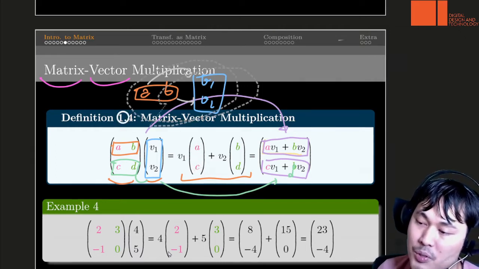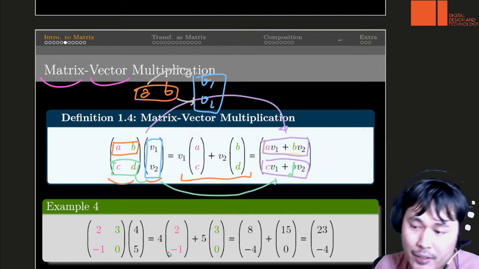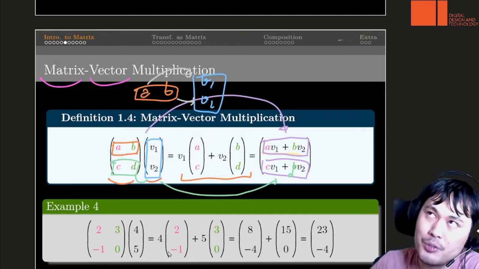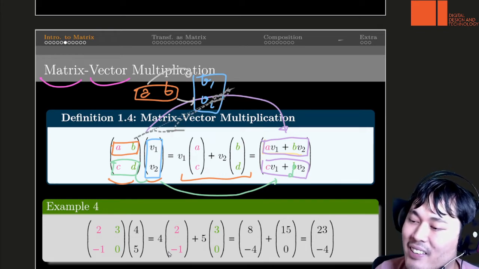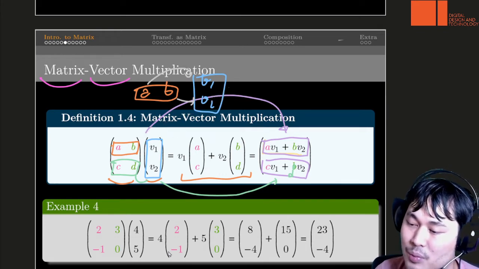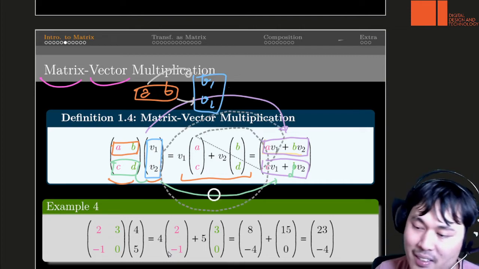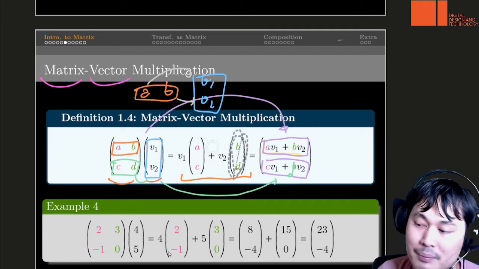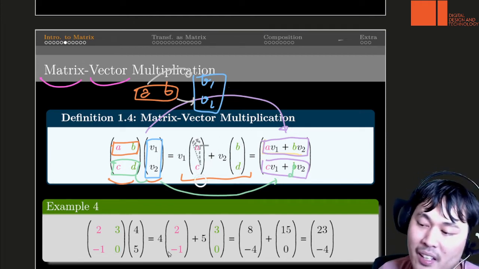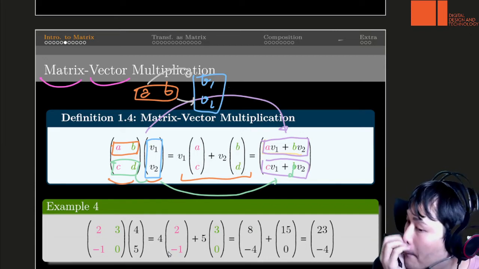Because usually when you multiply the row to the column, you have to rotate that by 90 degrees, and think about which one is on top, which one is at the bottom, right? But here, A and C and B and D are still in the same orientation. A is on top, C is at the bottom, B is on top, D is at the bottom, right?